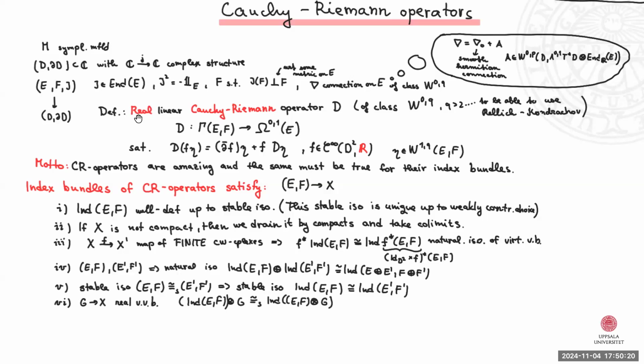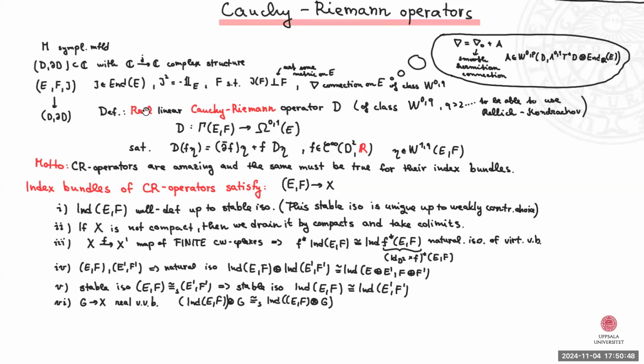Okay, so we will define a real linear Cauchy-Riemann operator of this class where our Q is bigger than 2. Also, Noah writes this and doesn't write in any details. Like you need this weird choice of Q for some regularity theory to work, to be able to use the Rellich-Kondrachov theorem to have some compact embeddings of some Sobolev spaces.